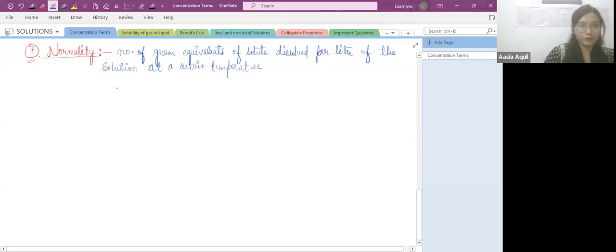The formula for normality, denoted by capital N, uses the weight of solute upon equivalent weight into volume in milliliter.